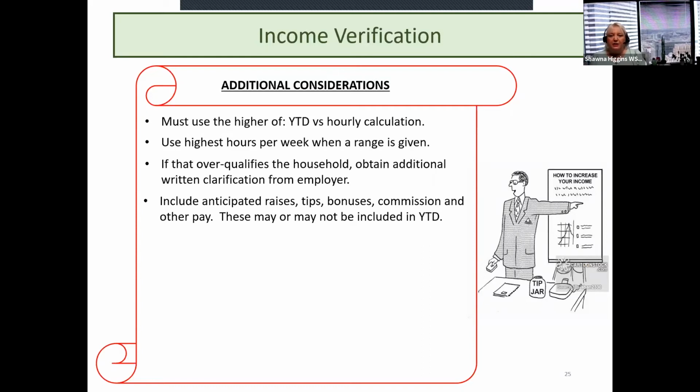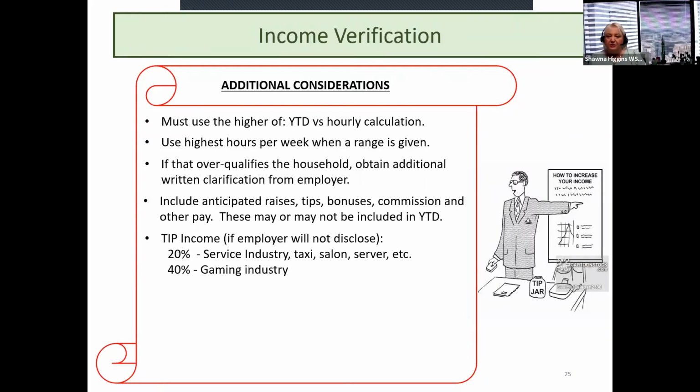And if it's checked no, then you're going to want to add that to the year to date number up above. And sometimes there may be 0 in the bonus or the tips, and you know that it's a server and usually they make tips. So you can ask more questions if it doesn't make sense to you.